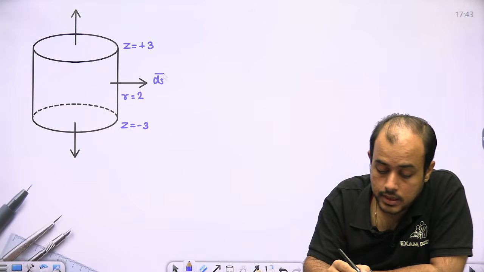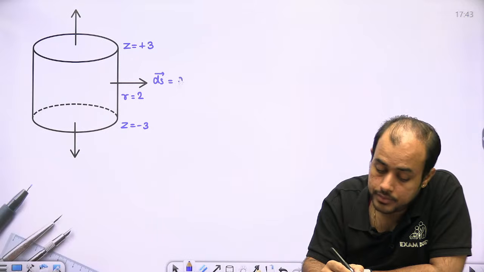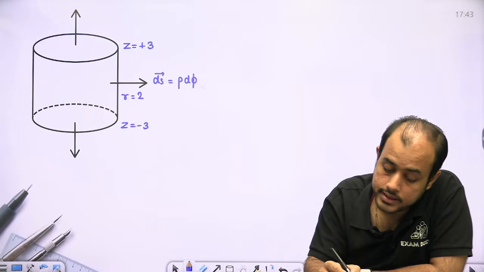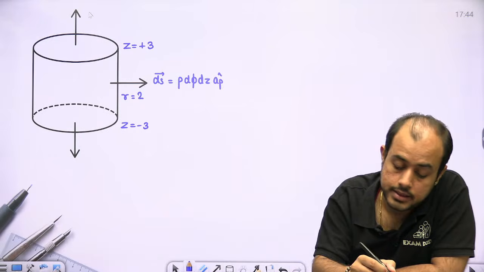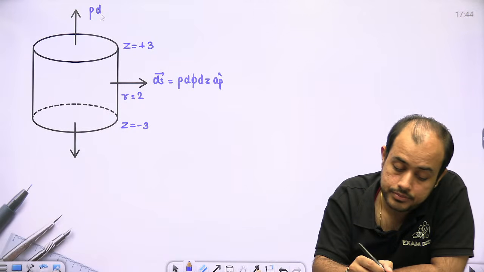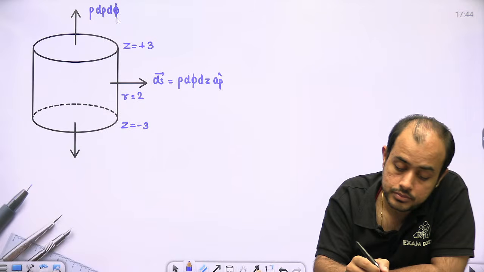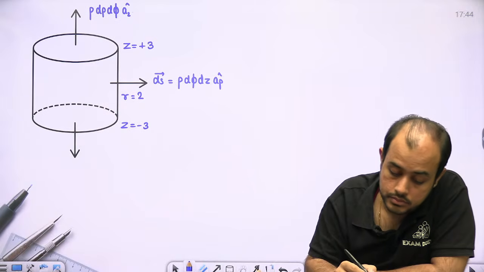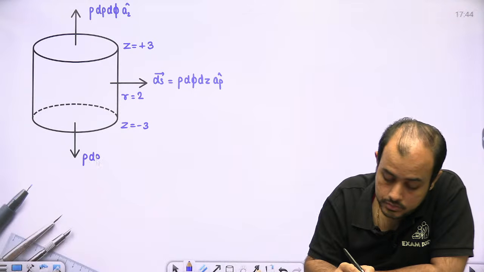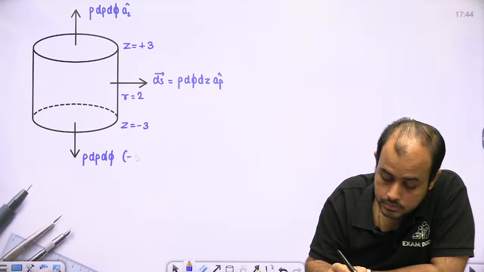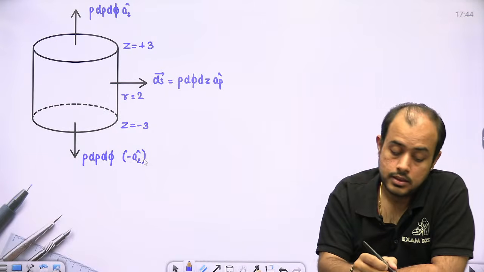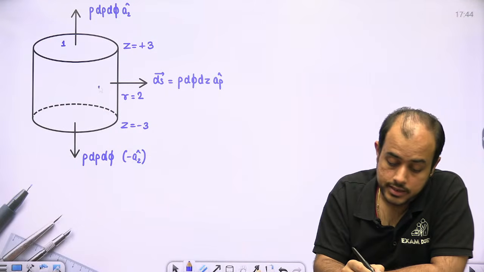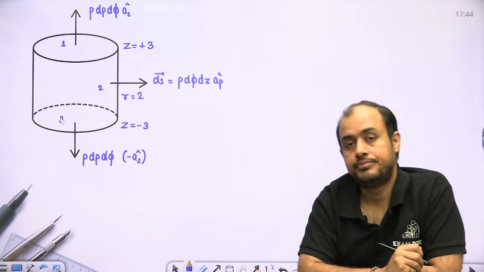Now the area vector will be in the radial direction for the curved surface, and in the Z direction for the top and bottom. So I will name them 1, 2, 3.